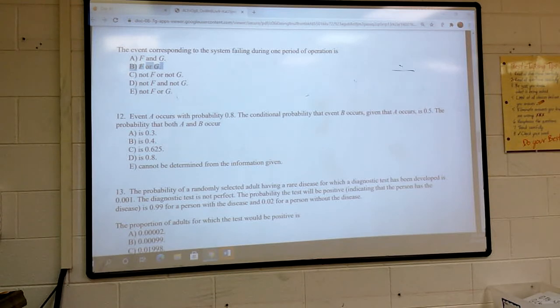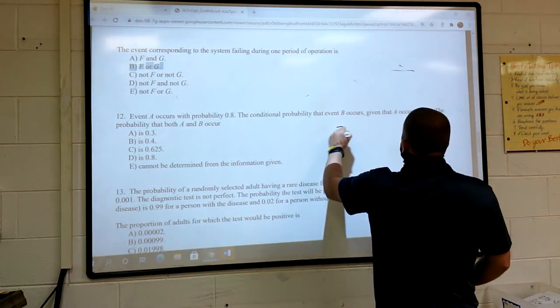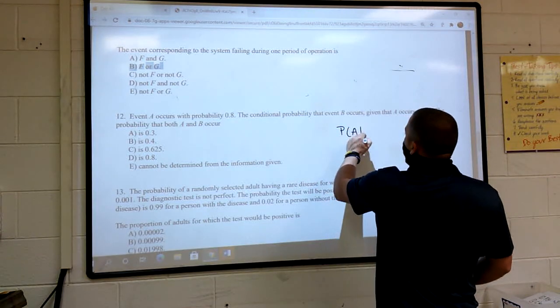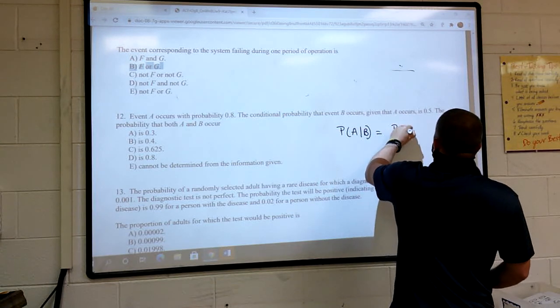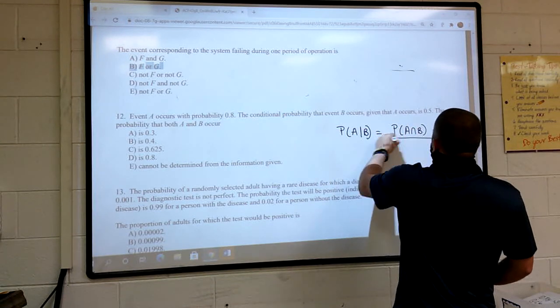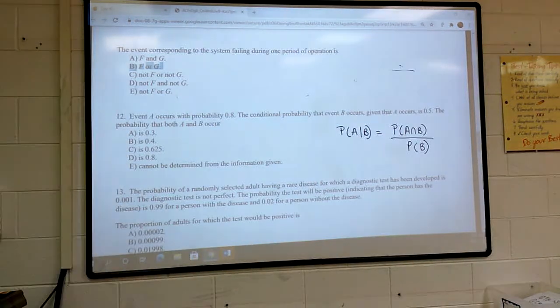On the formula sheet, it gives you the probability of A given B equals the probability of A and B over the probability of B. So you'll have that formula for the test.